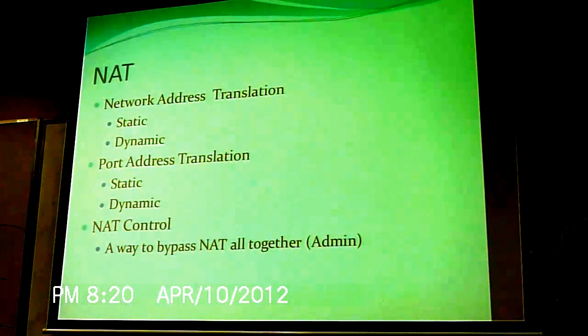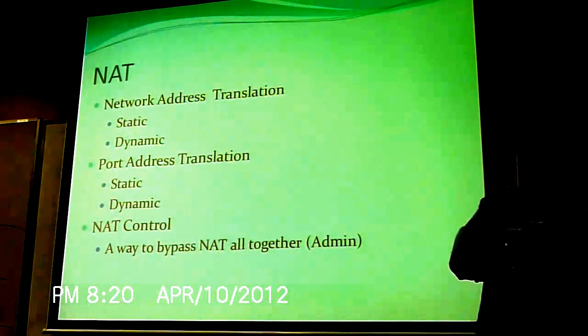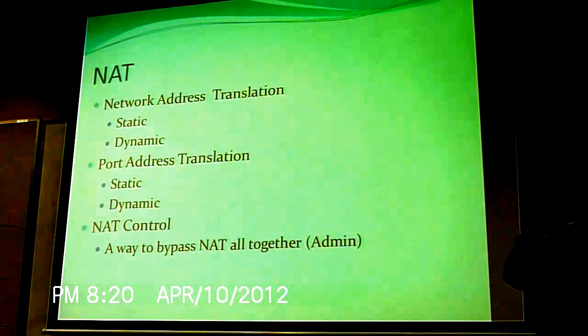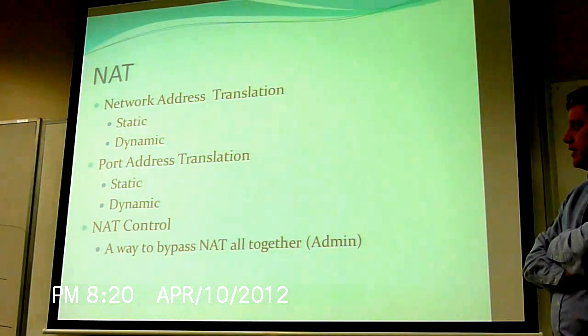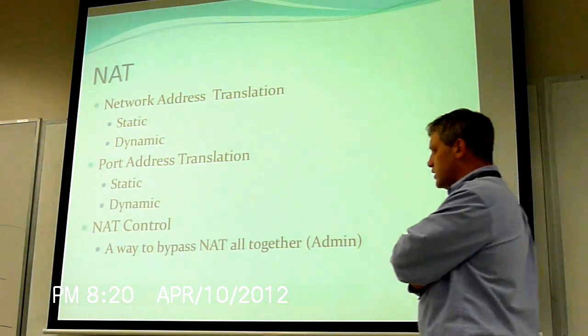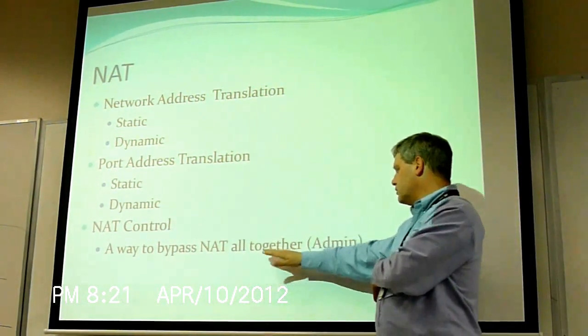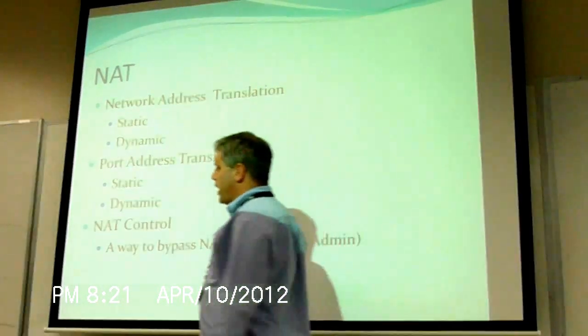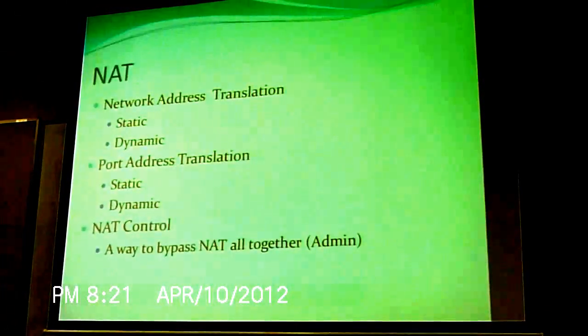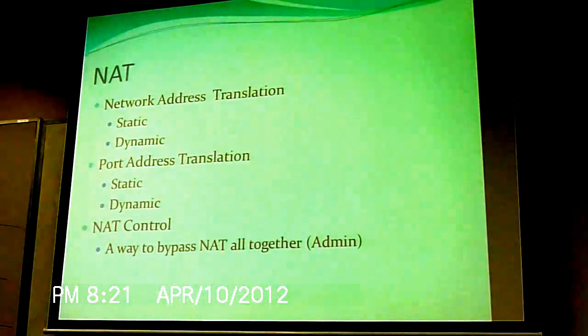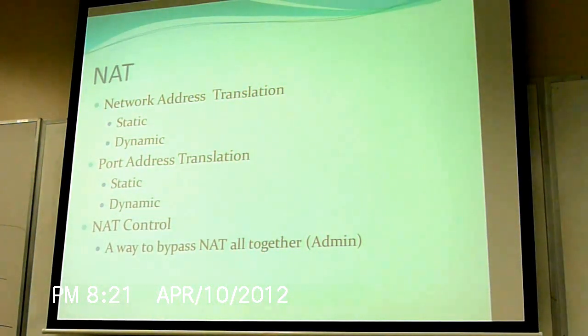You can have static port address translation that overloads one single IP or an IP attached to an interface, or dynamic pools. Okay? NAT control is a way to bypass NAT altogether so that you don't have to set up NAT between two interfaces, even if it's a one-for-one NAT, or what we call a matching NAT.